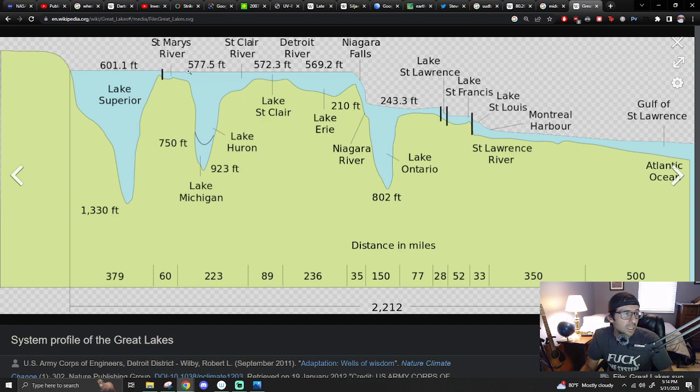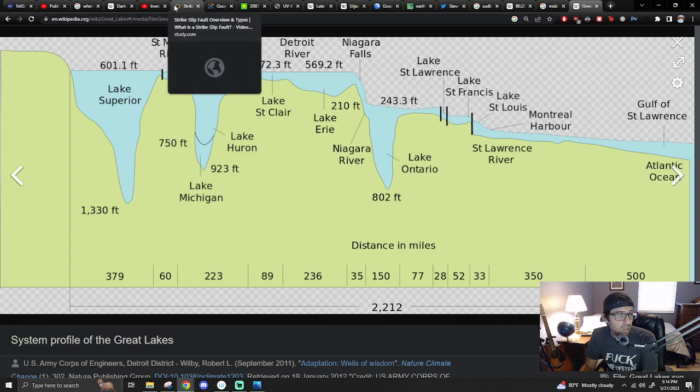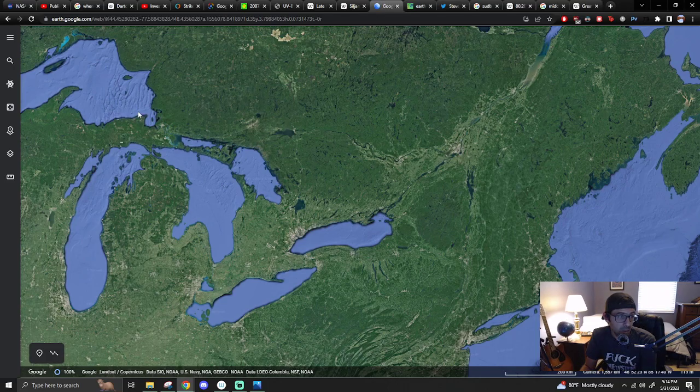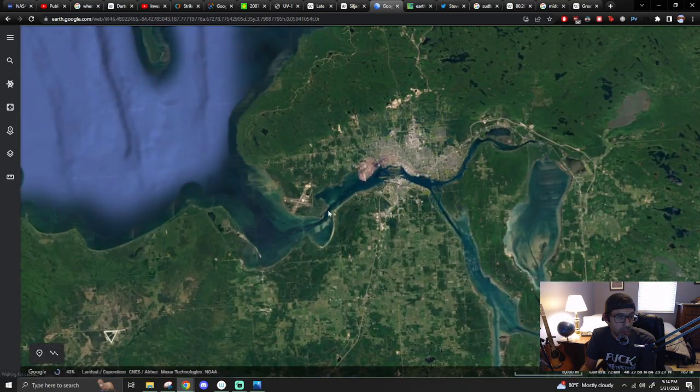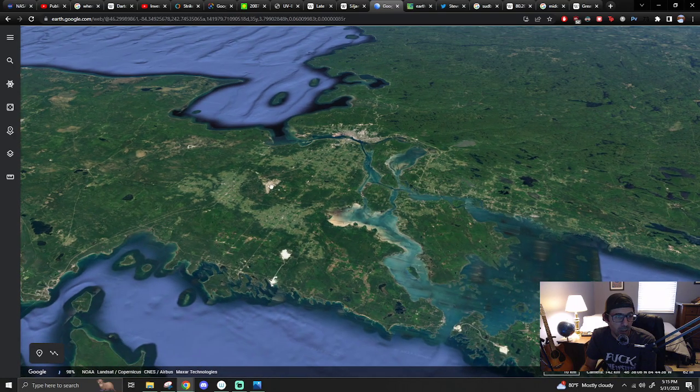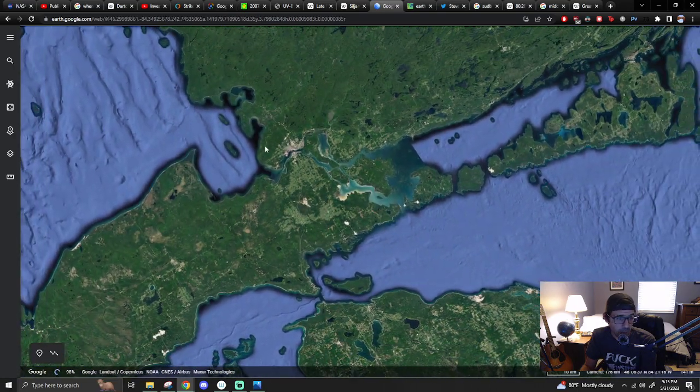Okay. I see 601 for St. Mary's River, I guess. That's pretty deep. Wow. If that's a river, 600 feet deep. Maybe like its deepest. I don't know if that's that river.